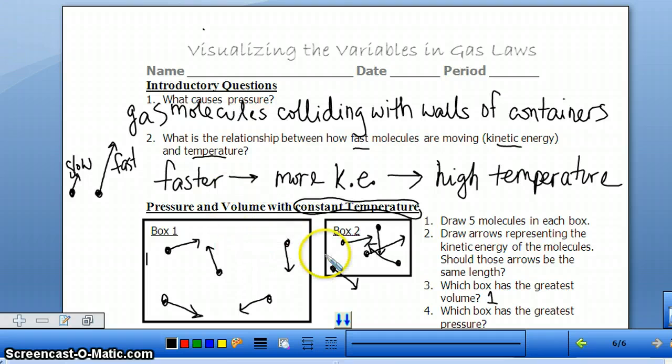And then if you think about who's colliding with the walls of the containers more frequently, box 2, since the volume is smaller. And then where it says write a sentence summarizing the relationship, you want to say when you go from box 1 to box 2, the volume decreases, and then what happens to the pressure? We said that the pressure increases in box 2.